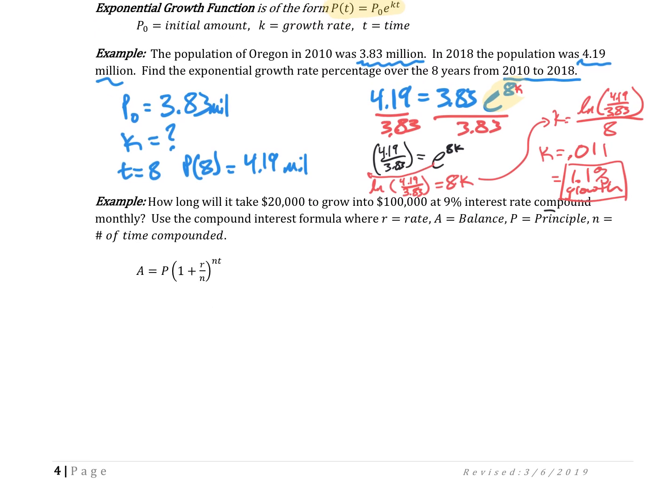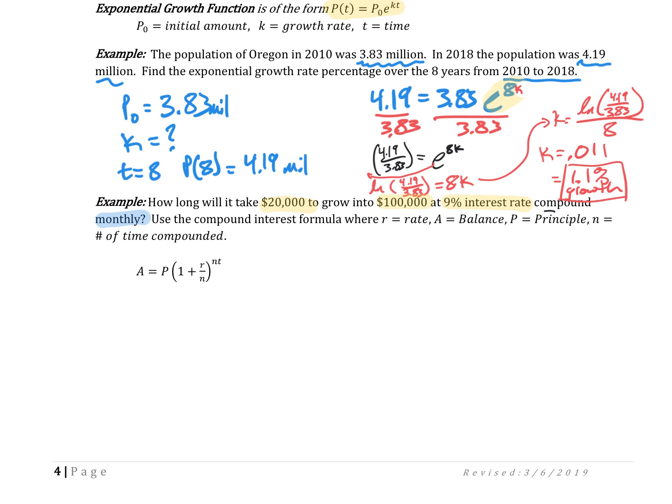One more. Let's use our compound interest formula. Let's say we're going to put $20,000 in the bank, and we want it to grow to be $100,000. And we know we can have a 9% interest rate, and we're compounding it monthly. That's important. So what do we have?